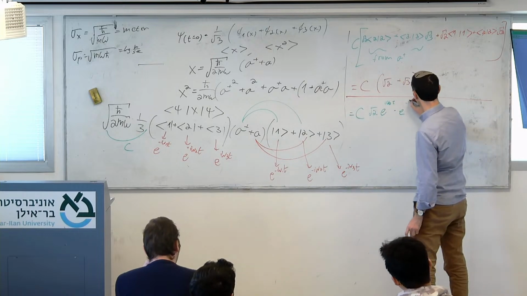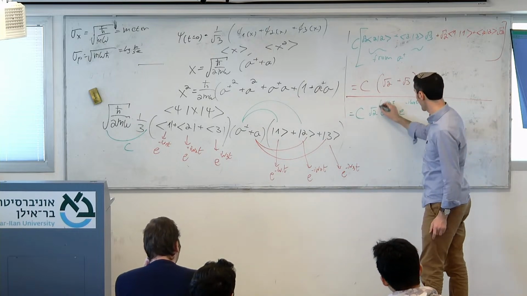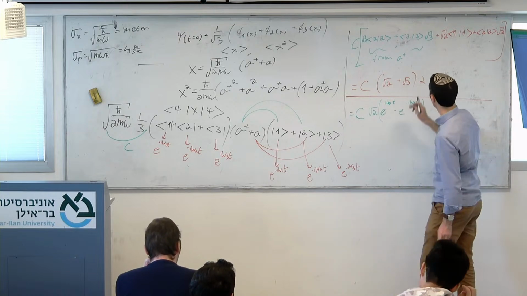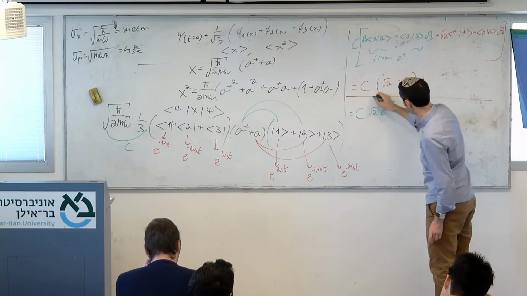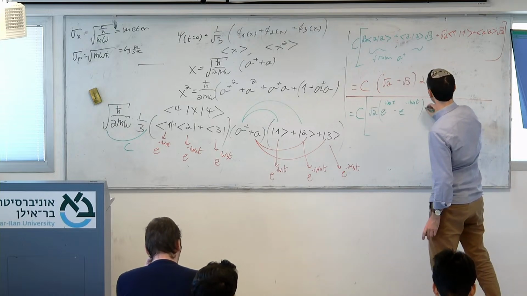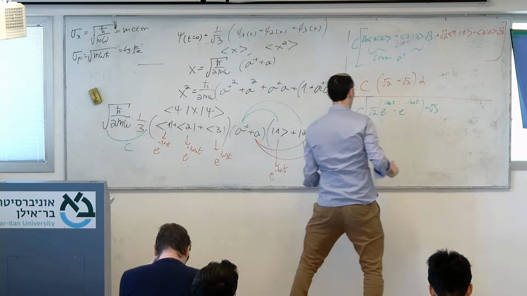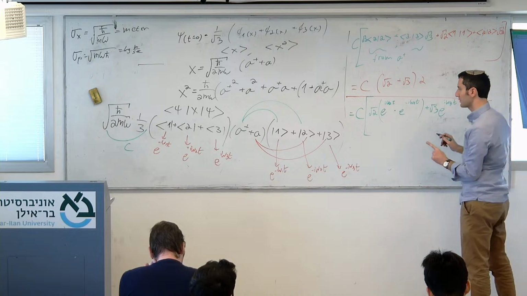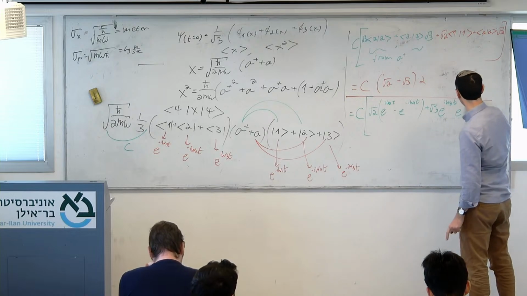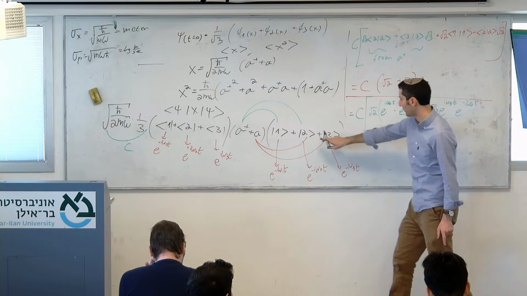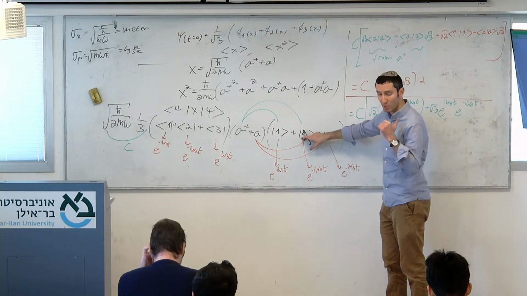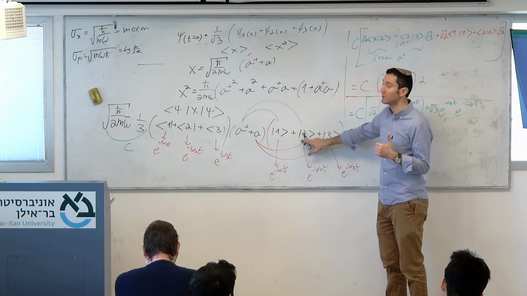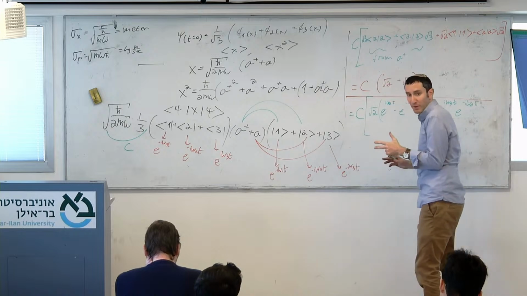So e to the minus i omega 1t. This is multiplication in between. What would be this term? It is square root of 3, and here I have e to the i omega 3t times e to the minus i omega 2t coming from this guy. It went up a level because of the integral, but its energy still goes like E2. This exponent.